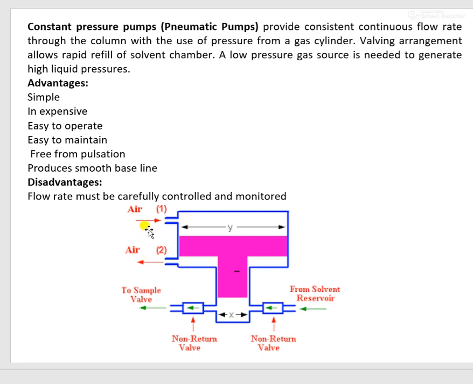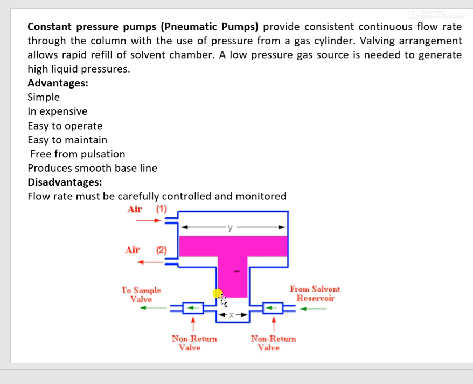See, this is air, this is air 2. Now what happens when air is going in? We are using gas, here we are using air. So when air is going in, and when air is going out, with the help of this air, pressure is created, and because of that solvent from the solvent reservoir will be sucked.